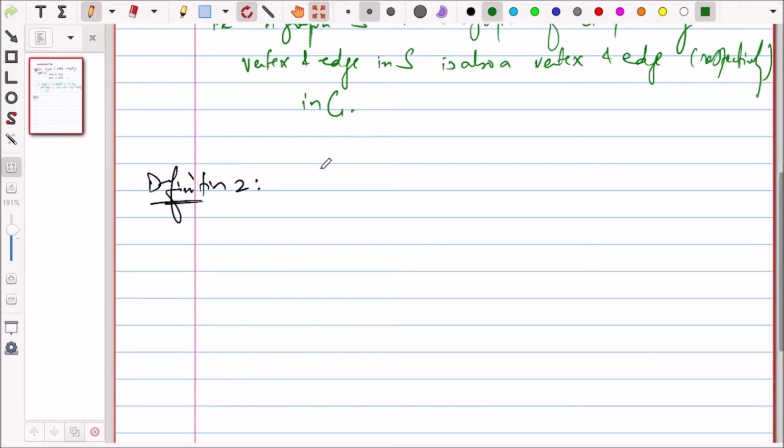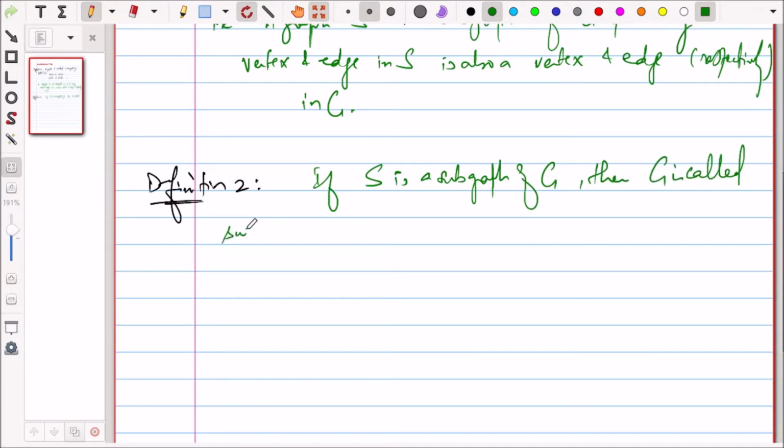If S is a subgraph of G, then G is called a supergraph of S. Okay. If S is a subgraph of G, then G will be called supergraph of S. Fine. Yes, sir.